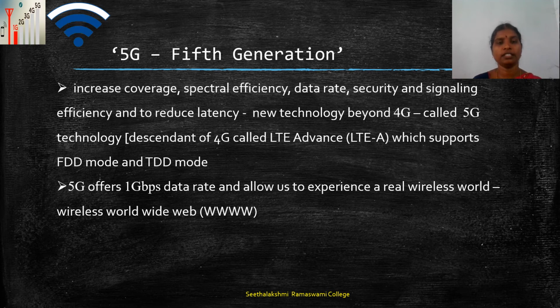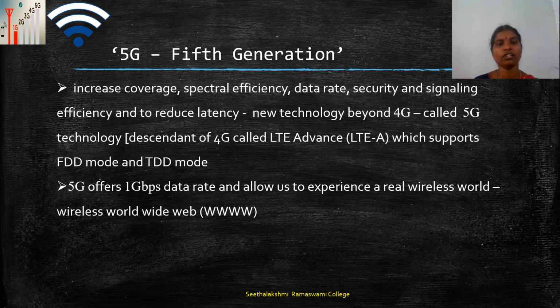Fifth generation. The number of users is increasing very rapidly, and there is a necessity for simultaneous connections to be employed for the end users and the deployed sensors. To increase coverage, spectral efficiency, data rate, security, and signaling efficiency, and also to reduce latency, we must find a new technology beyond 4G, which is named 5G technology, which supports FDD mode and TDD mode.